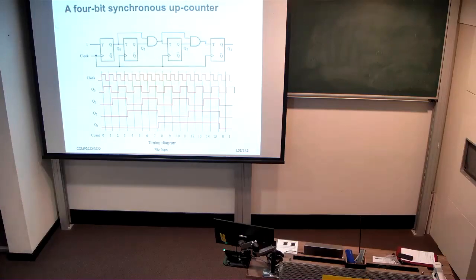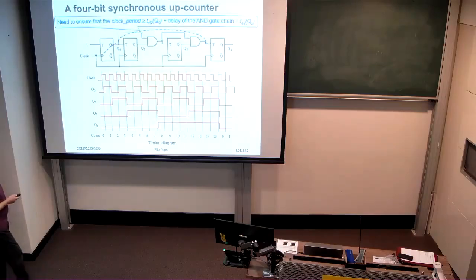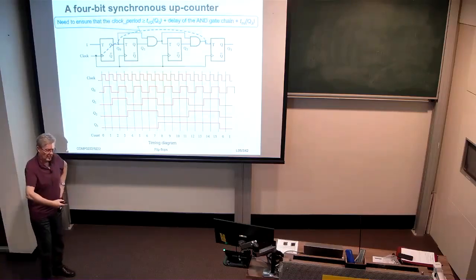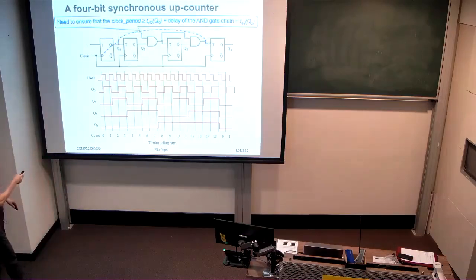Okay? So what we have to be a little bit careful of in this design is that we don't clock it so quickly that we don't give time for the changes in all of the intervening Qs to be ANDed together in order for the most significant bit to satisfy the setup time and be able to read T reliably.